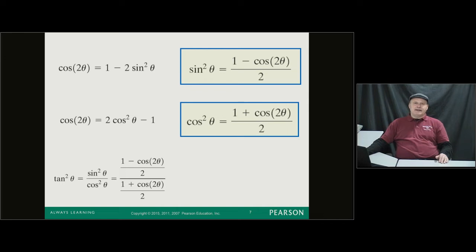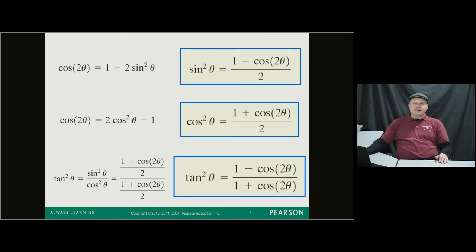Well, tangent squared is equal to sine squared over cosine squared. And then sine squared, we know that one by the top one. We know cosine squared by the middle one. And then we invert and multiply. The 2's cancel. And it gives us 1 minus the cosine of 2 theta over 1 plus the cosine of 2 theta. So these are the power reducing formulas for the sine, the cosine, and the tangent.